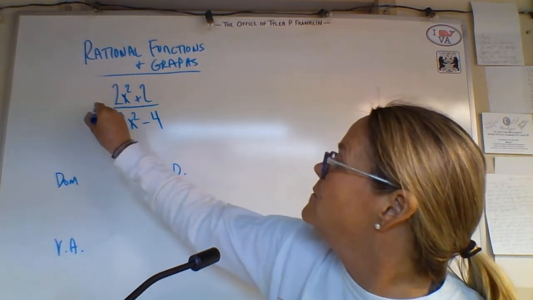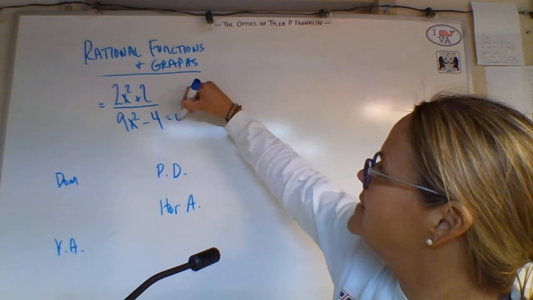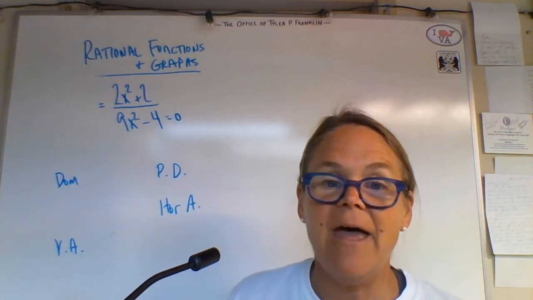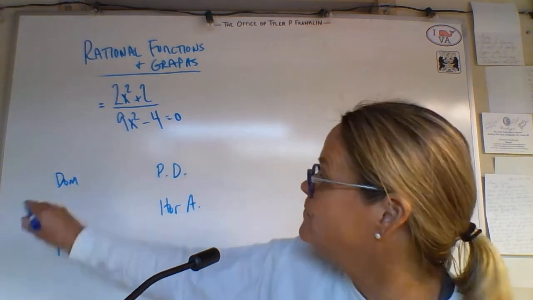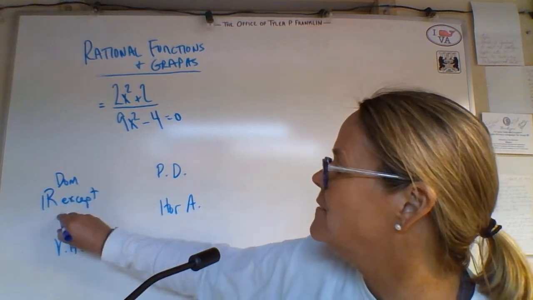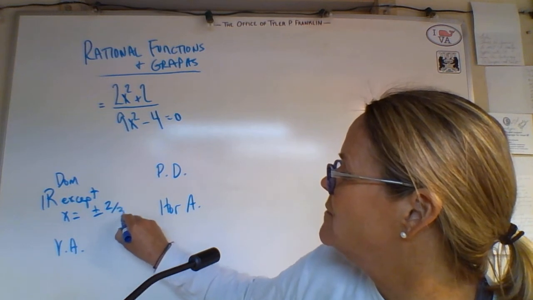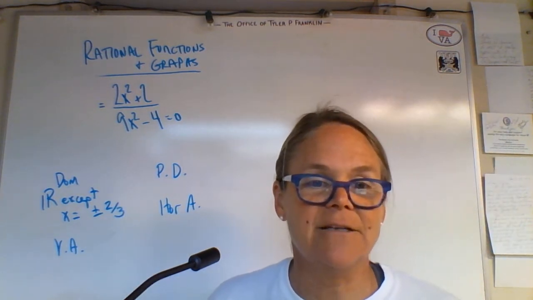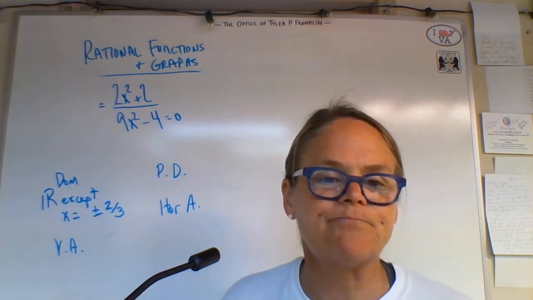So, domain. Find your domain by setting the denominator equal to 0. You can either factor that or add 4 and divide by 9, then take the square root. All real numbers except x equals plus or minus 2/3, because it's going to be 3x minus 2, 3x plus 2, solve for 0.